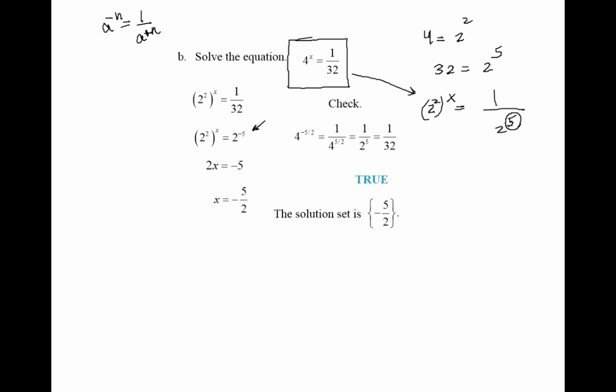Again, if the base is the same, the exponent must be the same, so n must be equal to m. I have 2^(2x), so 2x must be equal to -5. You can solve for x, substitute into the original equation to make sure it makes sense, and then confirm the solution is -5/2.